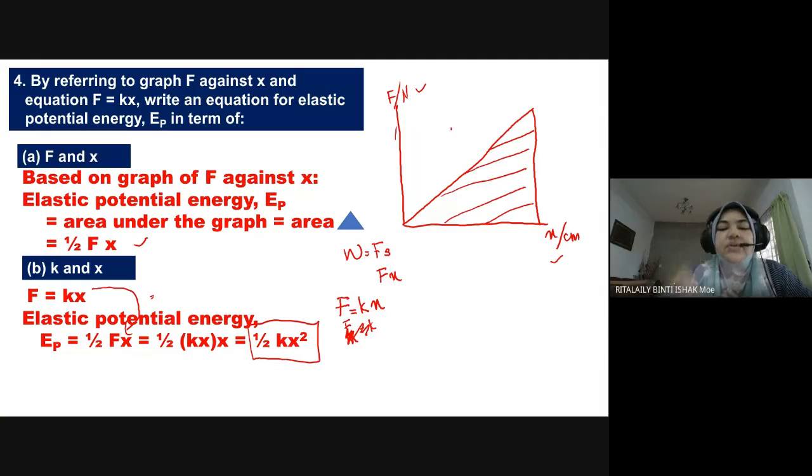Where K is the spring constant, x is the extension, and F here is the force exerted onto the spring.